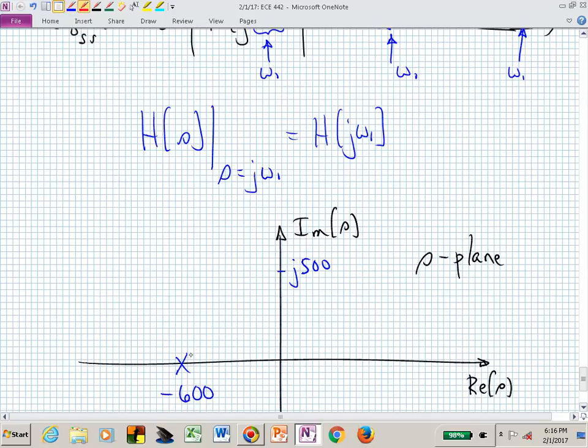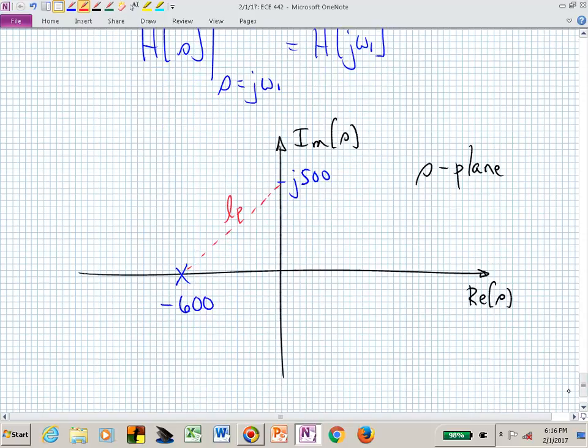Or we are actually looking at that distance from the pole to that frequency and the angle that that pole makes at that particular frequency.